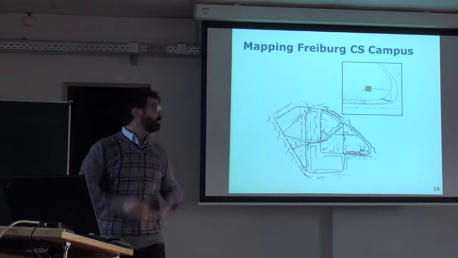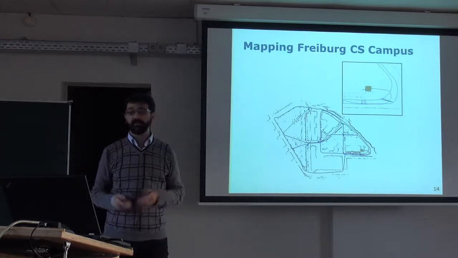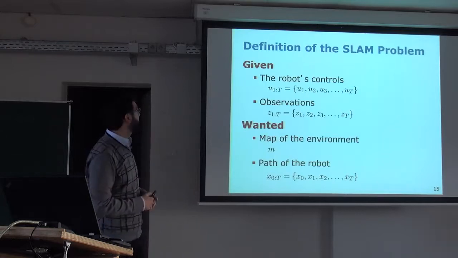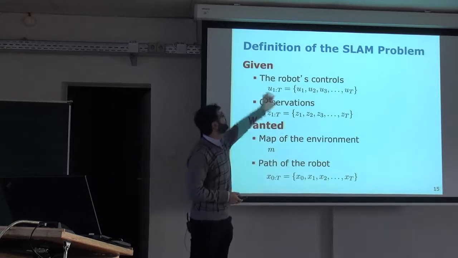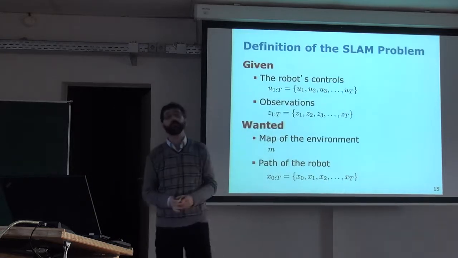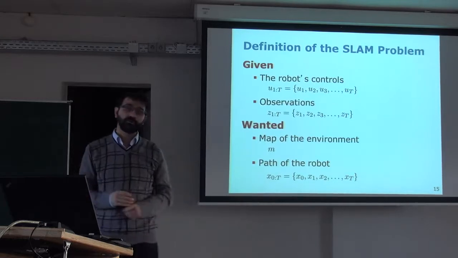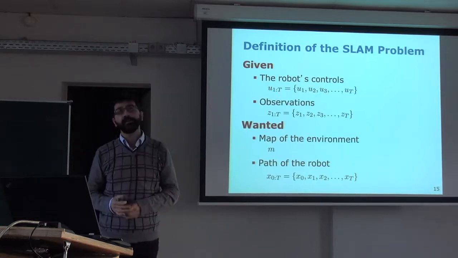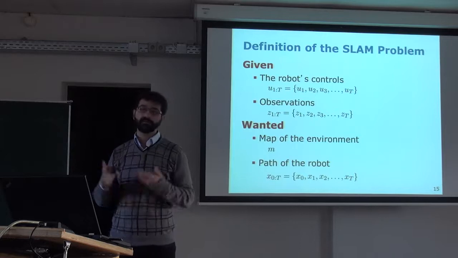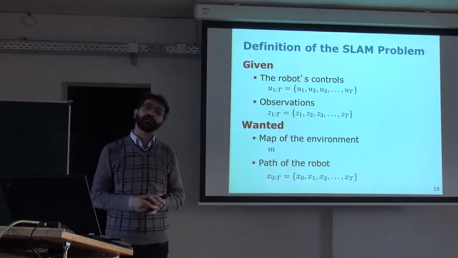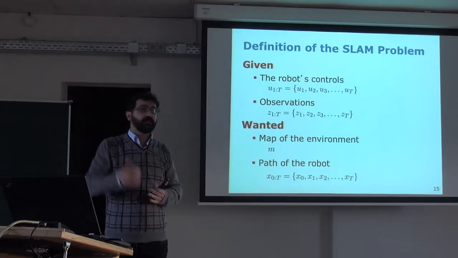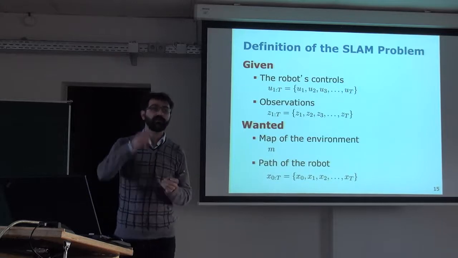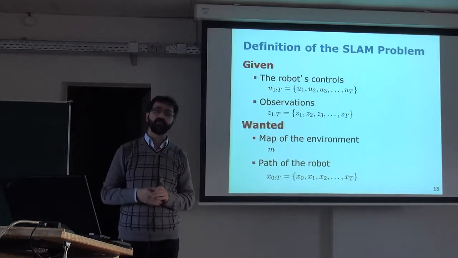So that's somehow very abstract, but let's now go a bit more into the mathematics of the problem itself. We're going to start by giving a bit of notation here. We normally consider u as the control given to the robot. In this case, for instance, this could be something like go forward 3 meters, rotate 2 degrees, or it can also be in terms of velocities, like go on with this translational or rotational velocity, or it can also be a set of coordinates in a different frame if you have odometry.